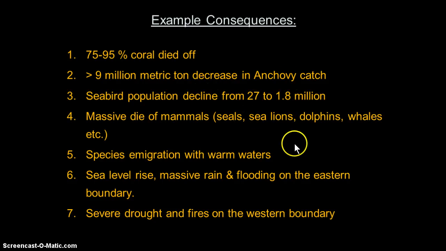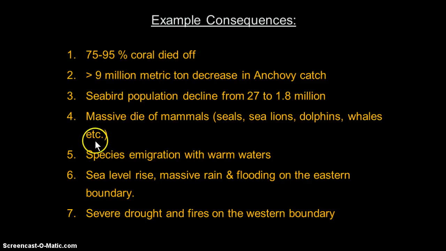Besides the direct biological ramifications, we have changes in the environments or the territories that species end up moving to or breeding in, because now we've shifted and turned this normally cool water environment to a warm water environment.